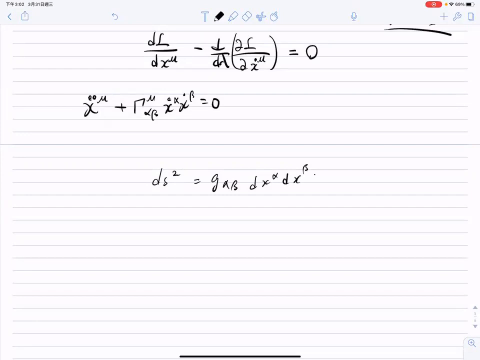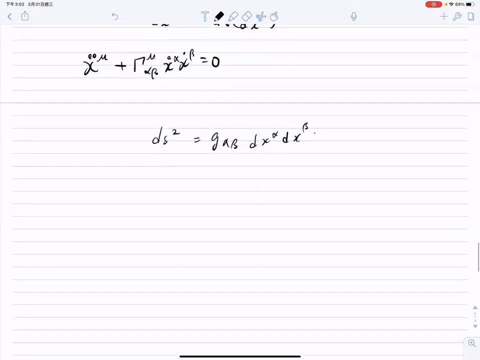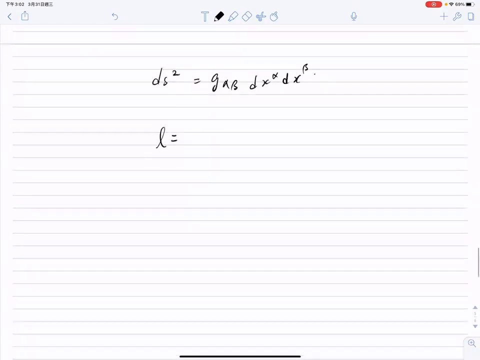You may ask, why don't you just directly tell us it is ds squared? When we take the absolute value of this, we want to measure a length which is invariant for all of the frames, labeled L, along any curve with dx alpha and dx beta.